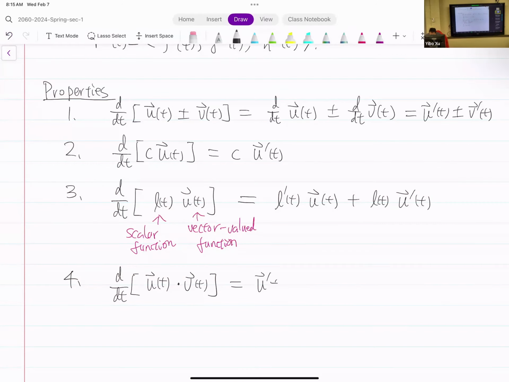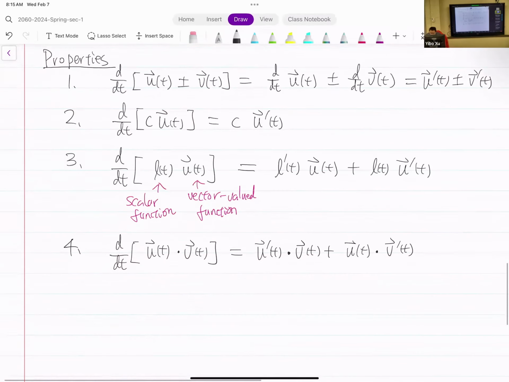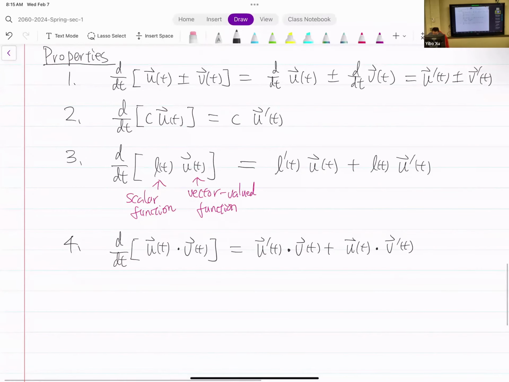It's going to be u prime dotted with v plus u, the first, dotted with the derivative of the second. In this situation, the dot product is commutative, so you can interchange the order. But if you have a cross product, you cannot interchange the order. So that's something slightly different, but if you want to memorize it, it's still the same rule.